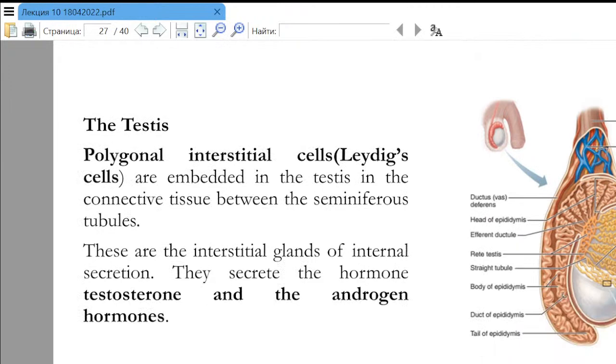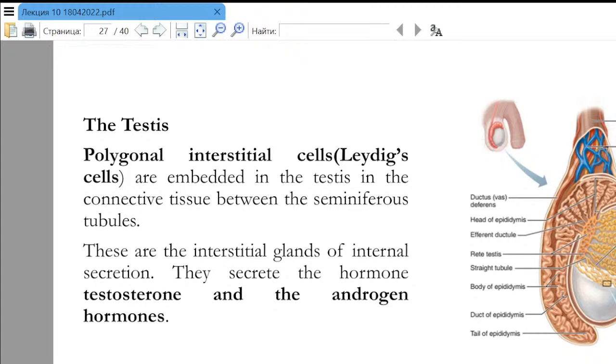The testis has polygonal interstitial cells located between the seminiferous tubules, embedded in the testis in the connective tissue between the seminiferous tubules.